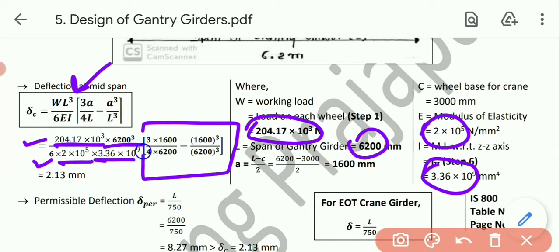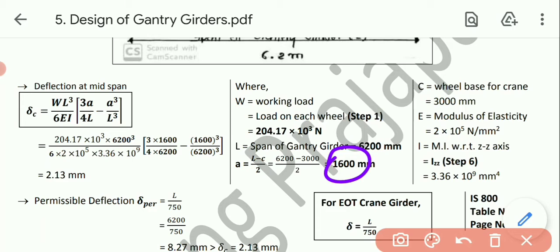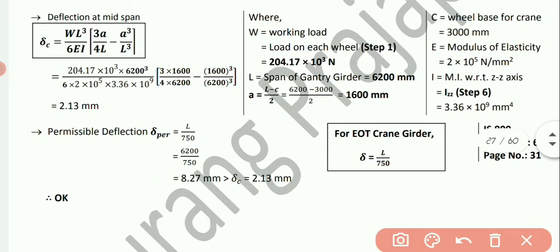And over here, 3a divided by 4L, that is 3 times a, 1600, divided by 4 times L, 6200, minus a cube by L cube. By simplifying the terms I will get delta C, that is 2.13. It means that is the maximum deflection which is produced if I put the crane girder exactly on the center of the gantry girder. Now against this, how much deflection is permissible as per the code.